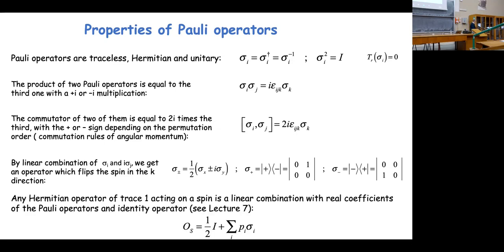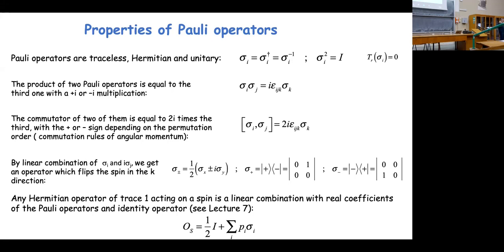Finally, another interesting property: any operator in this two-dimensional Hilbert space can be written as a linear superposition of the four operators, sigma x, sigma y, sigma z, and the unity operator I. Now, the coefficient for the unity operator is, of course, 1/2. Why?